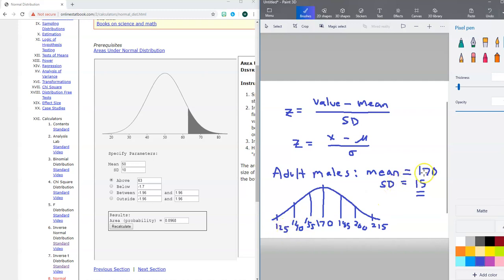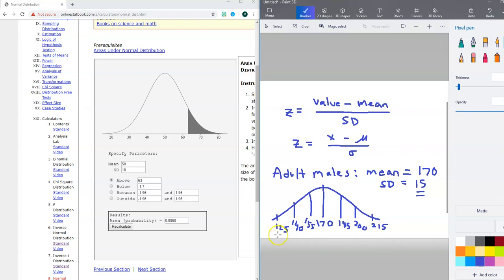So if, in fact, these were the true mean and standard deviation of weights of adult males, we would say that most males have weights between 125 and 215. Now, realize these may not be accurate numbers. All right, so that would be a picture of what we're looking at when we get this kind of information.